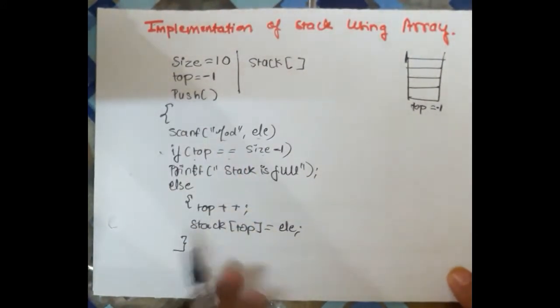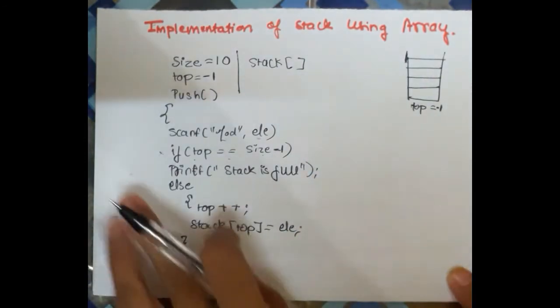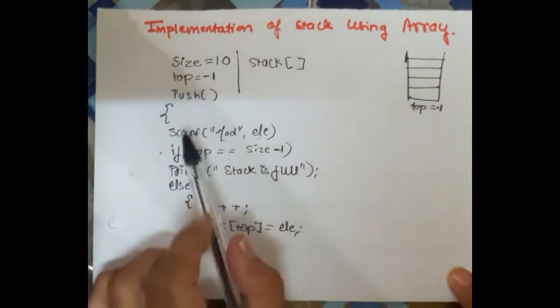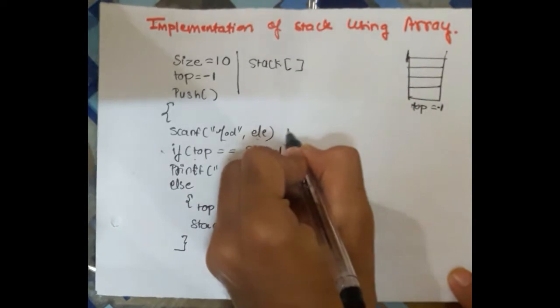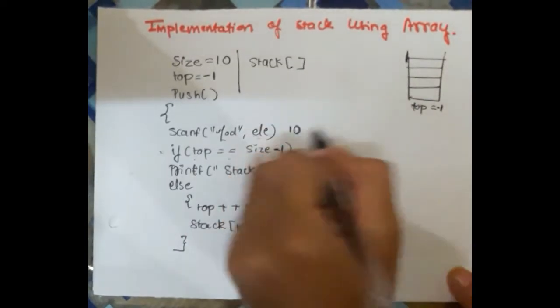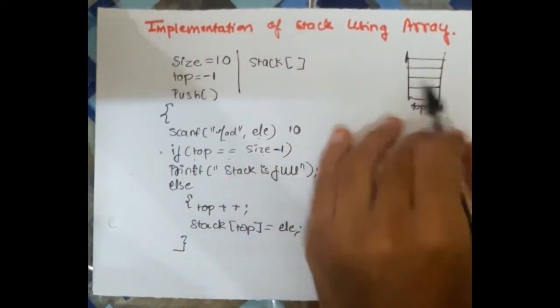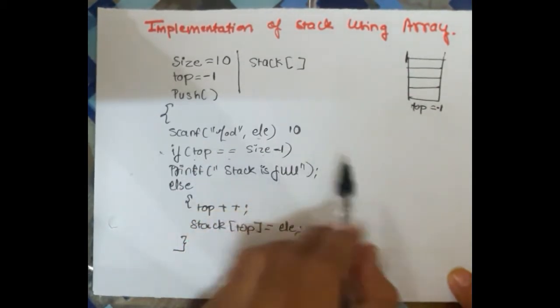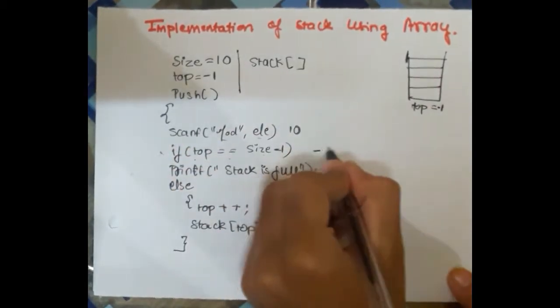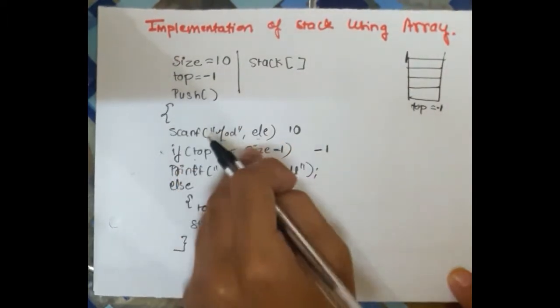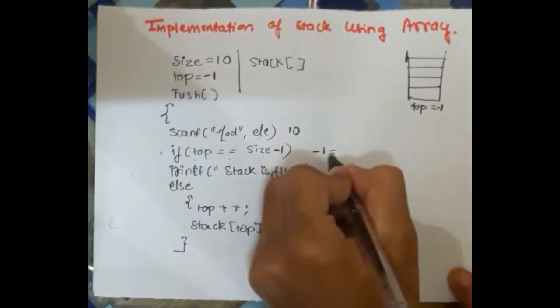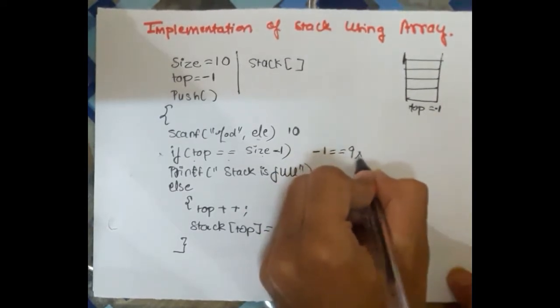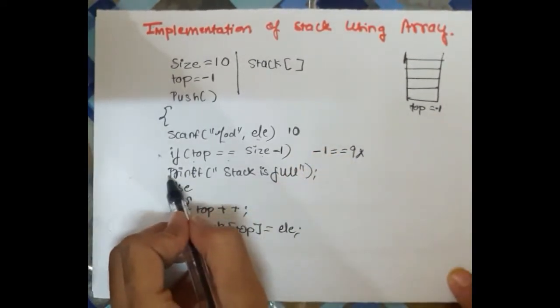Now let us understand this in detail. The first iteration. Let us consider we want to insert element 10 into this stack. The condition is top equal to size minus 1. So top is minus 1 and size is 10. So 10 minus 1 is 9. So is minus 1 equal to 9? No, the condition is false.